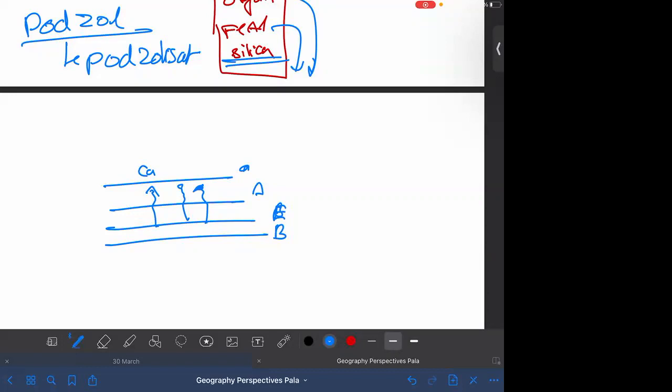After it reaches the B horizon, it begins to evaporate, leaving behind the salts that are dissolved in this water. Thus, salts are deposited in the soil, and the process is known as salinization.